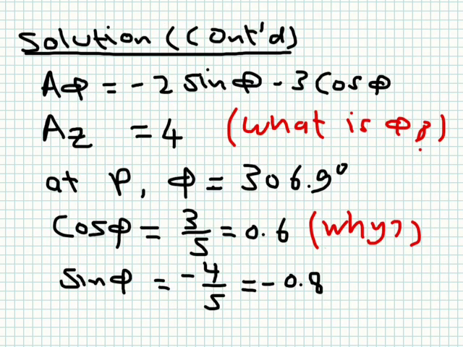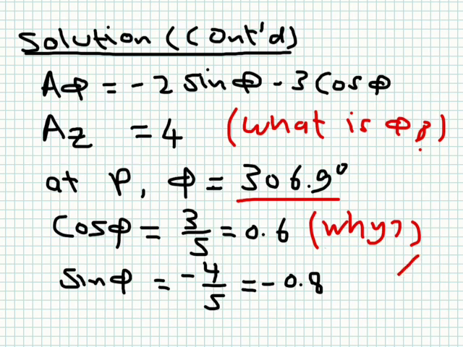So now, in order to calculate at the point B, we know that phi is equal to 306.9. This angle, because it is the inverse tangent of minus 4 over 3, has a cosine of 3 over 5, and a sine of minus 4 over 5.